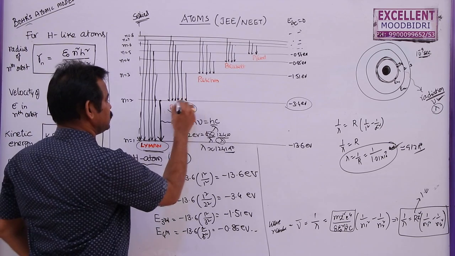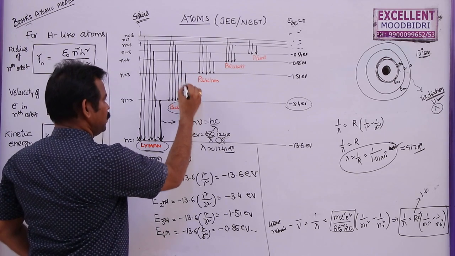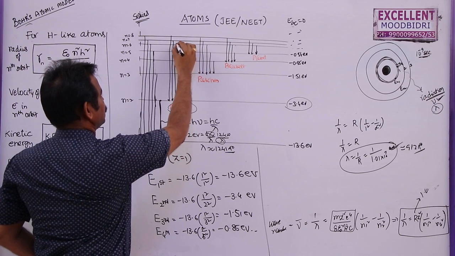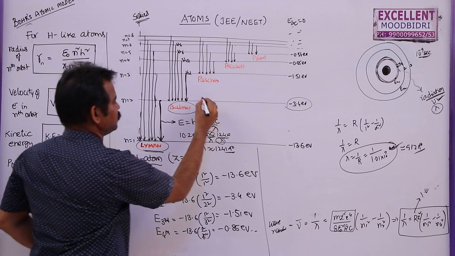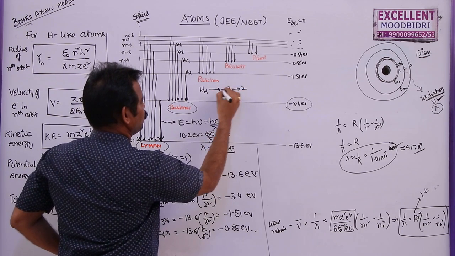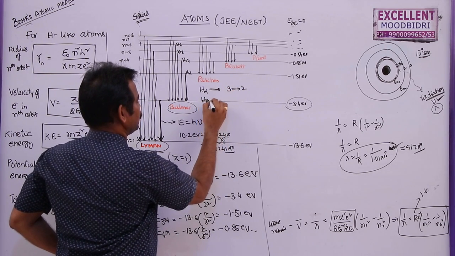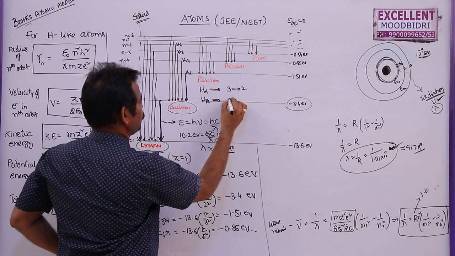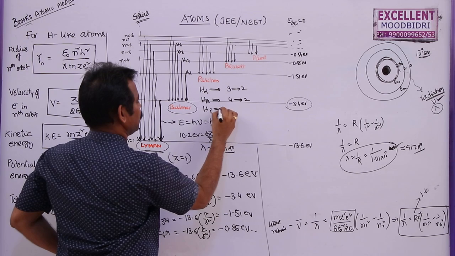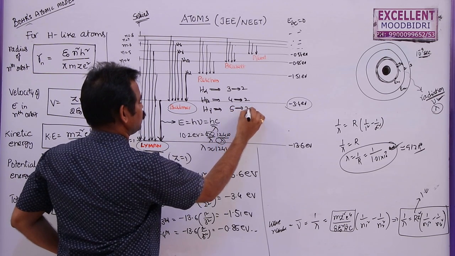Similarly for Balmer series also, this is the first member. This is also called H alpha line, H beta line, H gamma line, H delta line. So for H alpha line, transition is from 3 to 2. For H beta line, transition is from 4 to 2. H gamma line, transition is 5 to 2.